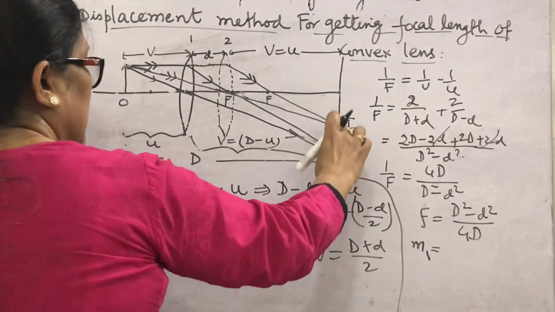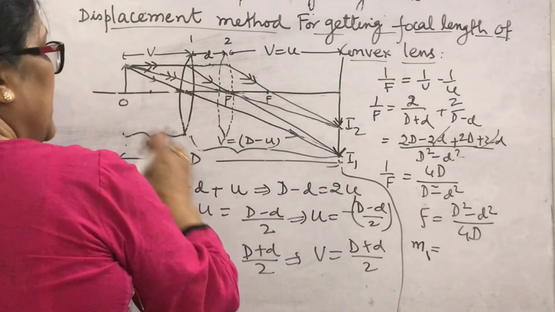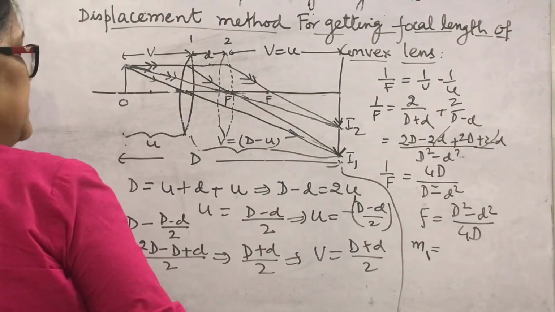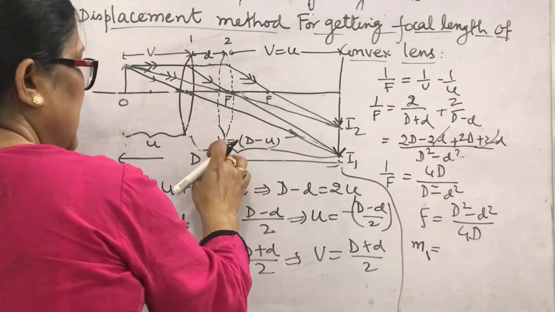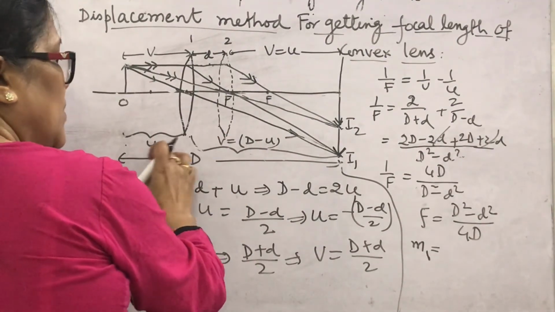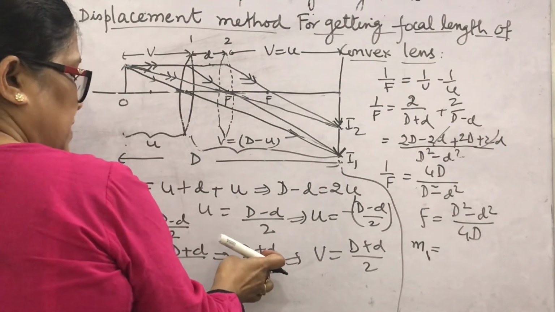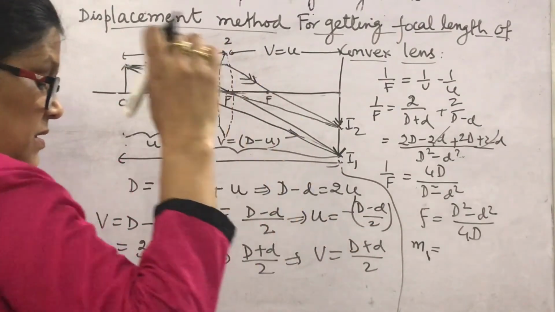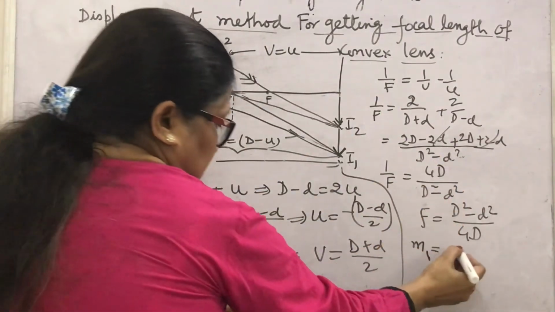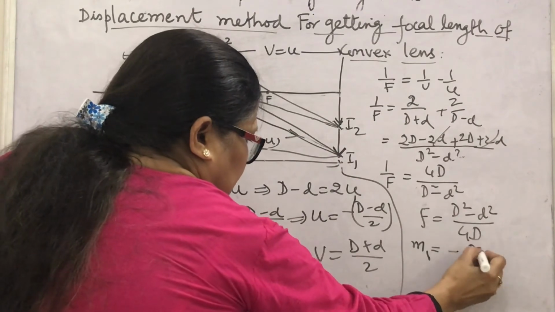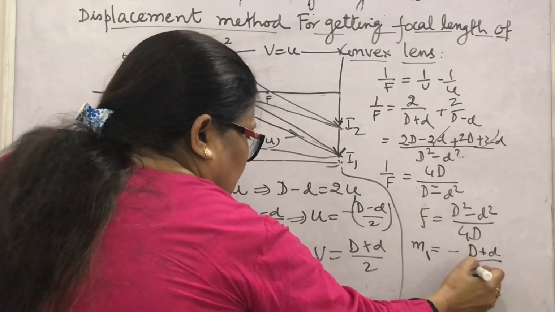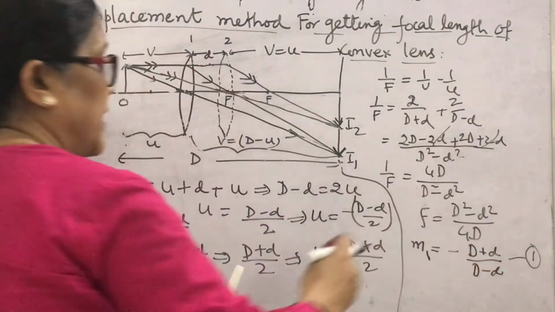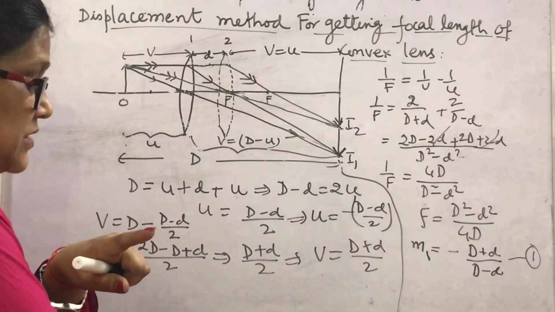Then I1 upon O can be written using this distance upon this distance as a ratio. Then what can you write? This is v upon u. What is v? We have seen here v is this D plus d by 2, and what is u? This is minus D minus d by 2. Then what will you get here? This is minus D plus d upon D minus d. This is the expression number 1 I am writing for the first case magnification.